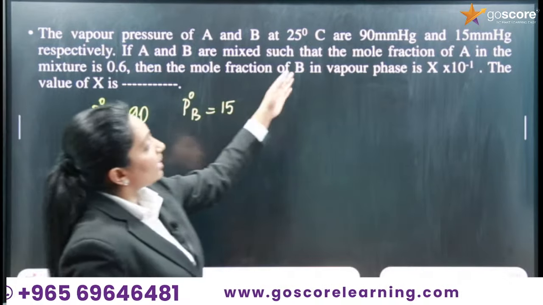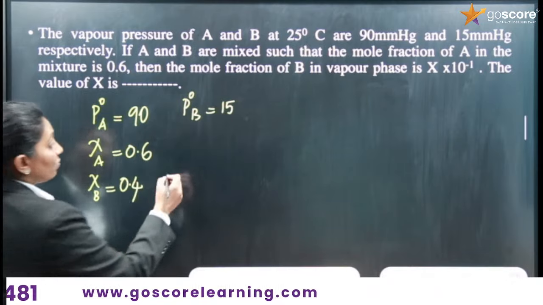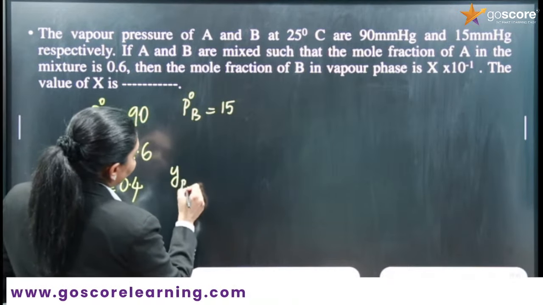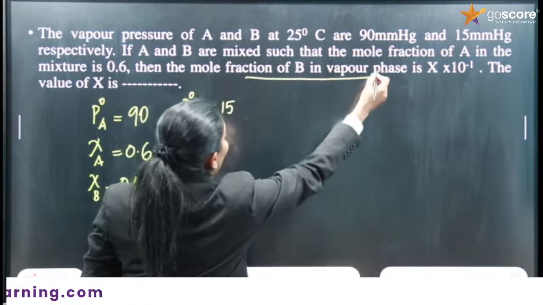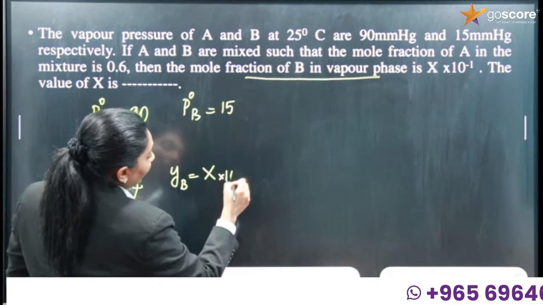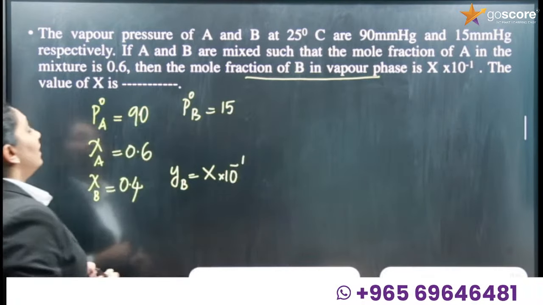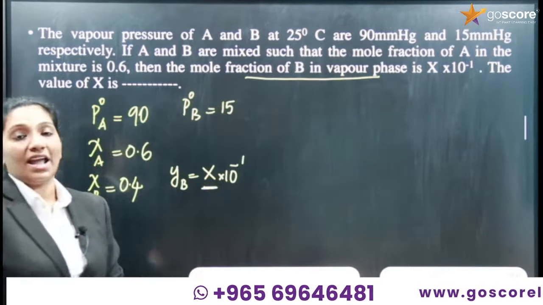Then the mole fraction of B in the vapor phase, YB, is given as X into 10 raised to minus 1. Then you want to find out the value of this X.